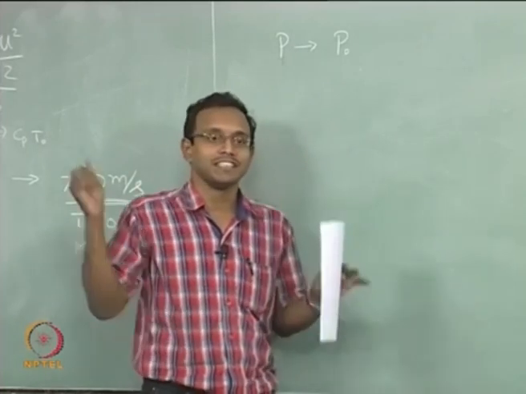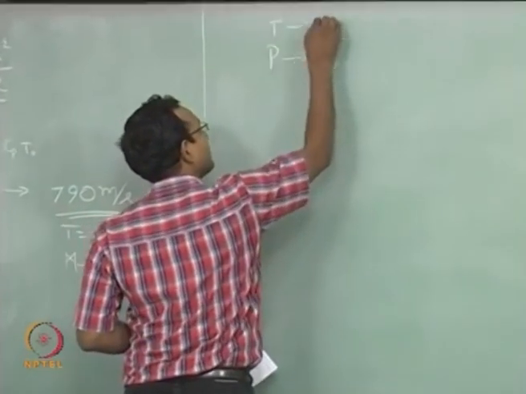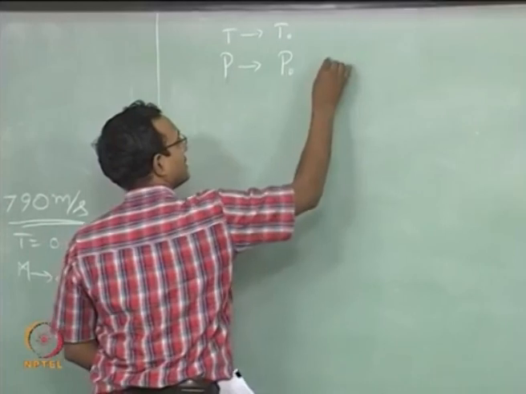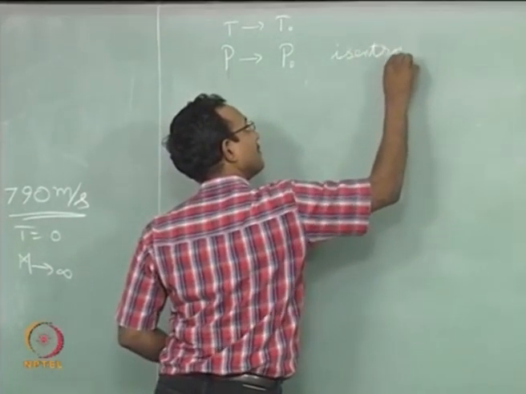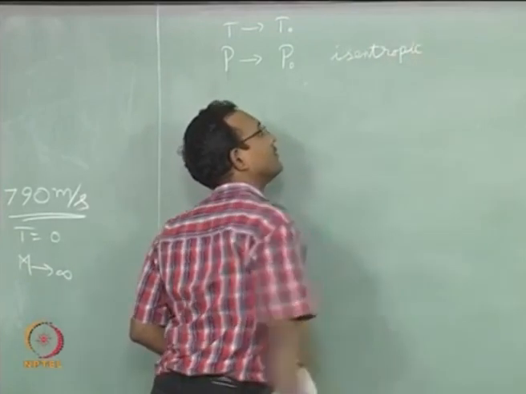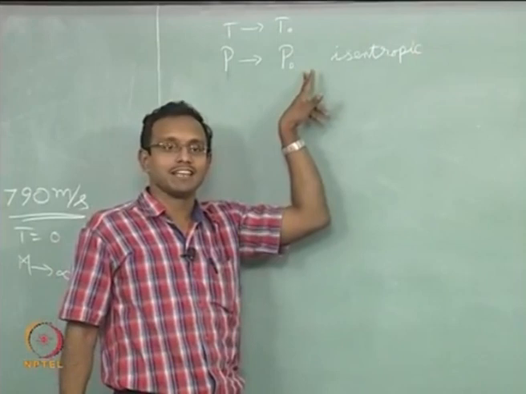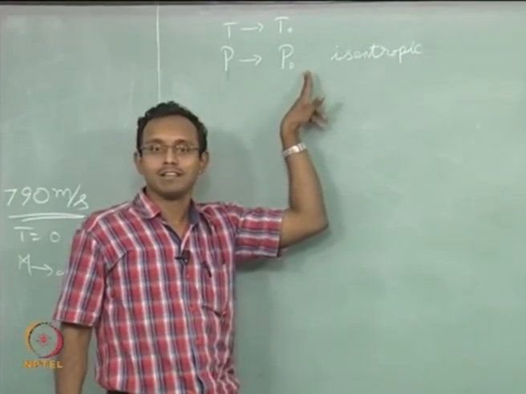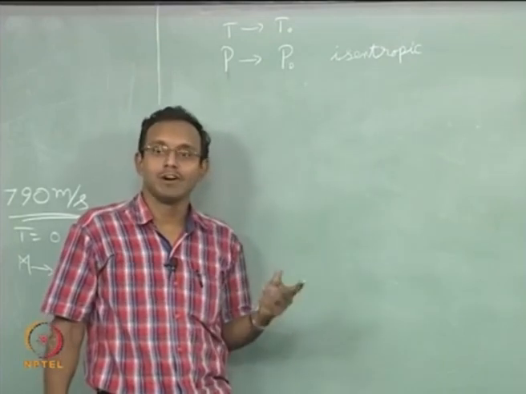How did I do that? Decreasing the velocity slowly to 0 velocity. So I already did this. Now I am going to say this one is done isentropically. That is, previous one adiabatic was enough, now I have to say it is adiabatic reversible. If it is not reversible, then there will be entropy loss. In what form?